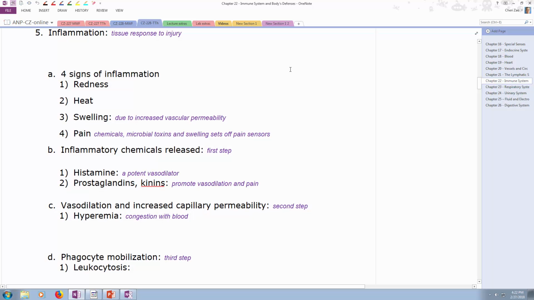Let's see here. Inflammation. So inflammation is a nonspecific response to invasion by an offending organism or pathogen. And that's why it says tissue response to injury. The bad stuff gets in you and it starts to actually damage you. And so the inflammatory process is designed to do actually several things. It's designed to prevent spread to nearby areas.